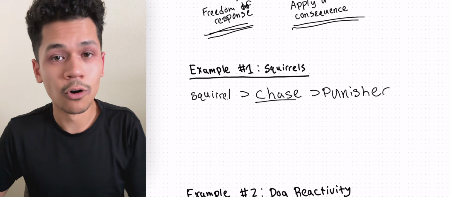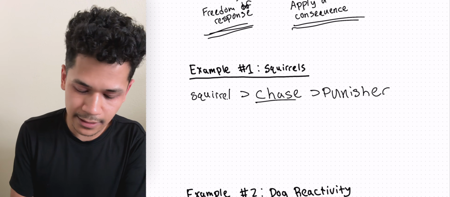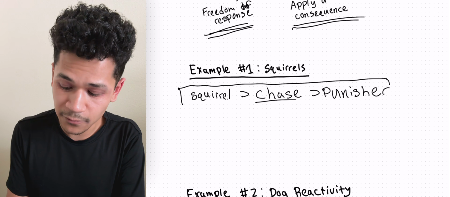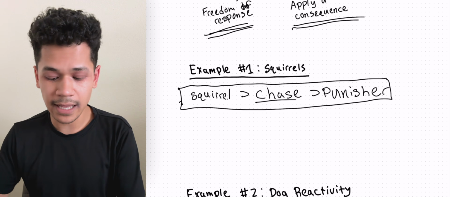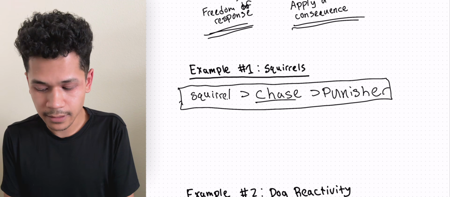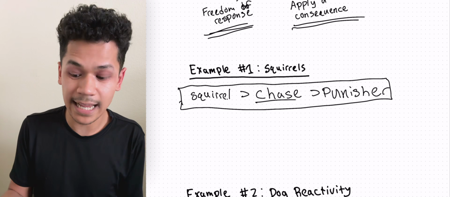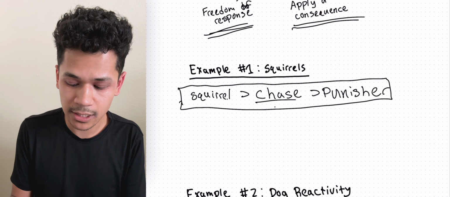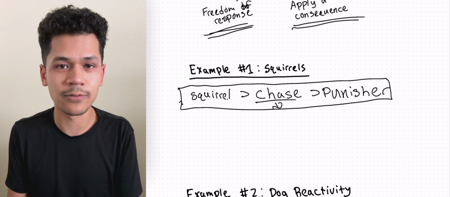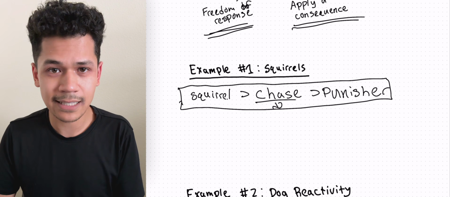And then once you do that, your dog has realized that, okay, in this contingency, if you punish the behavior properly, then your dog would realize, okay, if I chase the squirrel, then it leads to punishment. Your dog learns this, and then they're like, okay, so next time I see the squirrel, I am much less likely to repeat this behavior, chasing, because that behavior leads to punishment. So I'm less likely to do that.